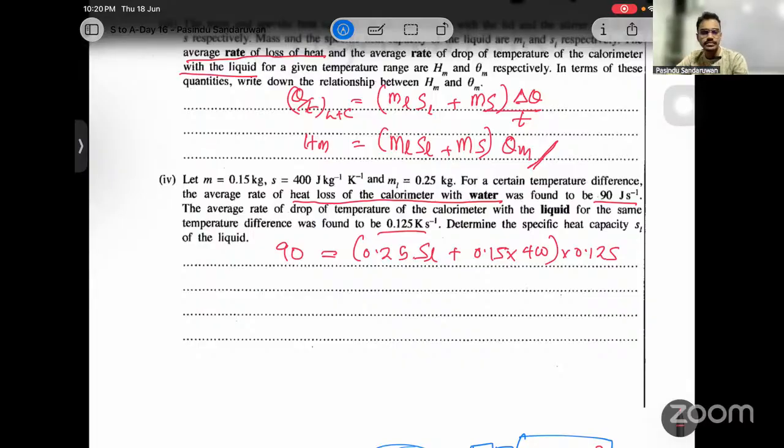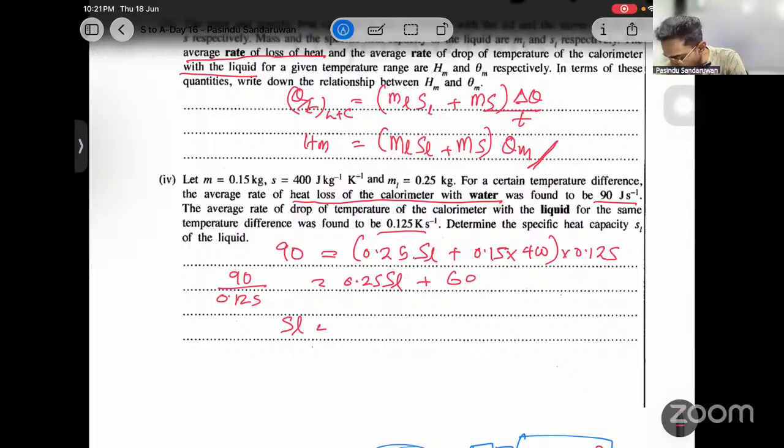Now a small simplification. 90 over 0.125 equals 0.25 SL plus 15 times 4, which is 60. Then 400, the zeros cancel, this is 60 again. 15 times 4, 60. Then I have to simplify this. SL equals 90 over 0.125.